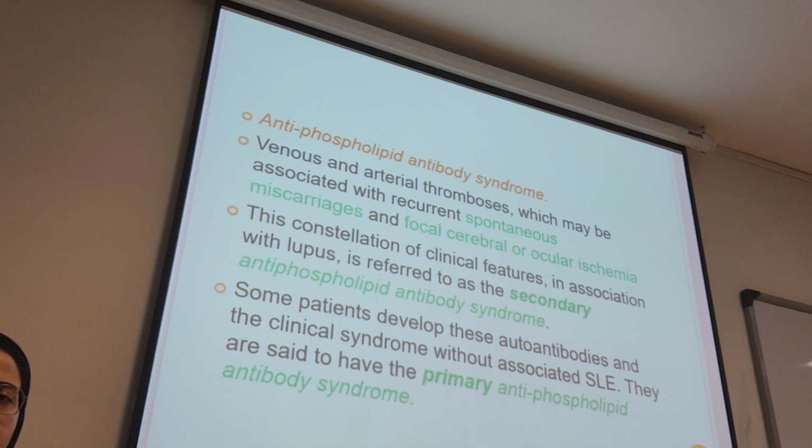And in antiphospholipid antibody syndrome, we have thrombosis in different organs, in veins and arteries, and most of the times we have ischemia due to that thrombosis, which causes, for example, cerebral ischemia, ocular ischemia, or sometimes because of that thrombosis, we may have recurrent miscarriages in women. Okay?